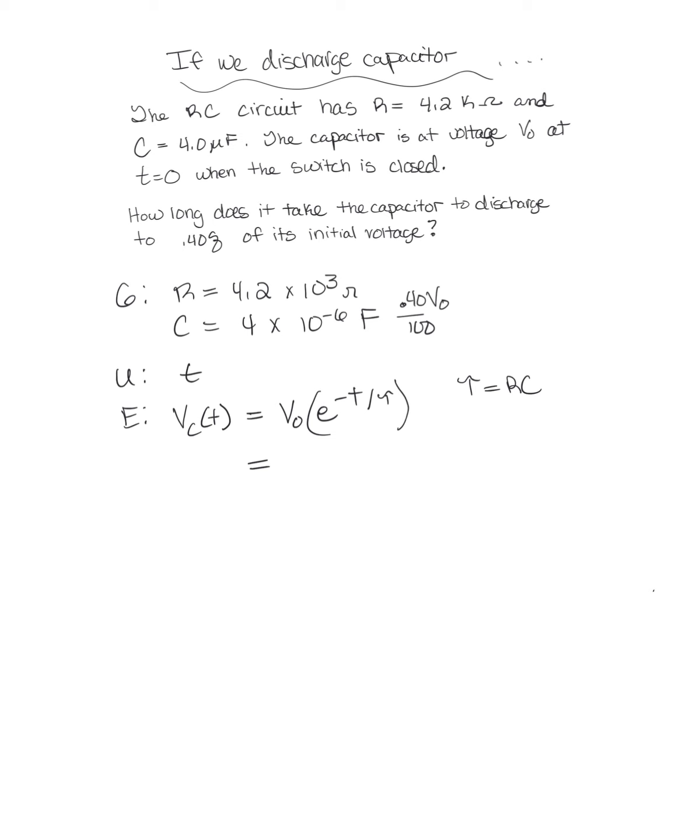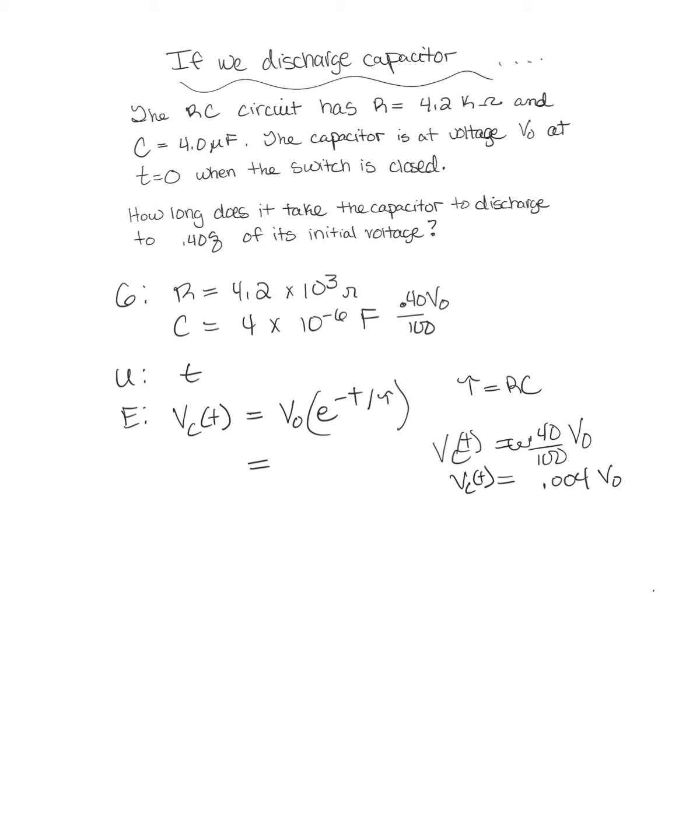And for the voltage that we're looking for, it's going to be 0.4 over 100 of V initial. When you're dividing by 100, you're just going to move the decimal back 2. So then we will have 0.004 of V initial is what the V at a certain time will be.